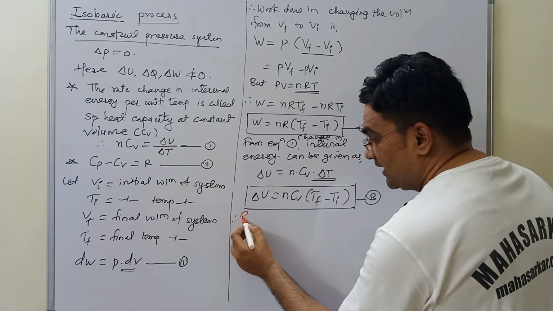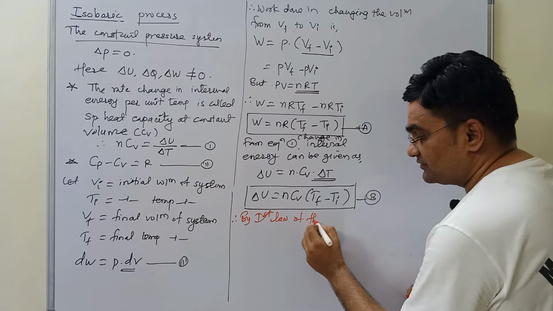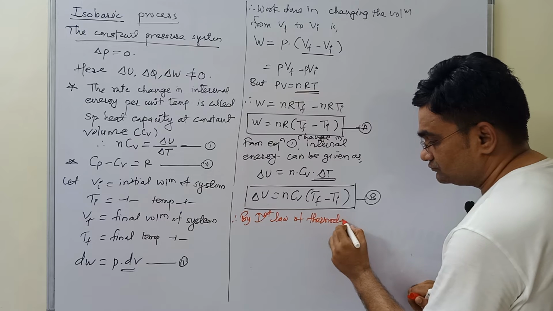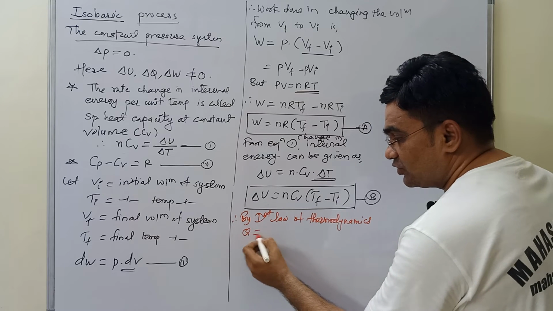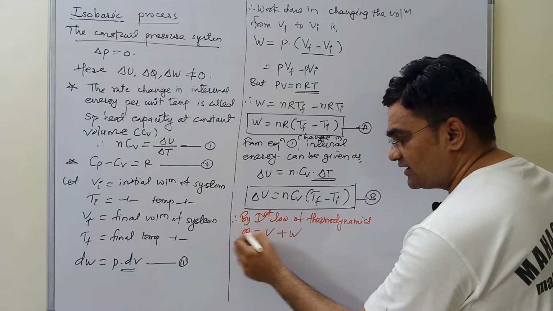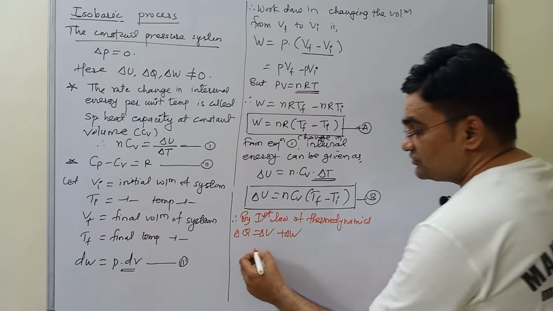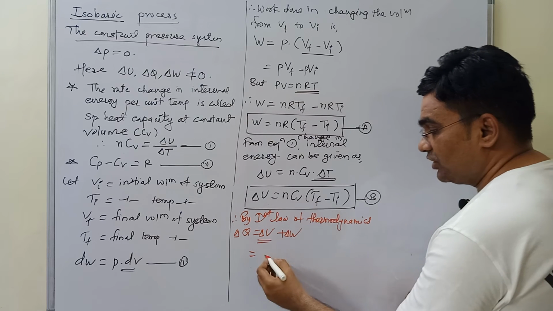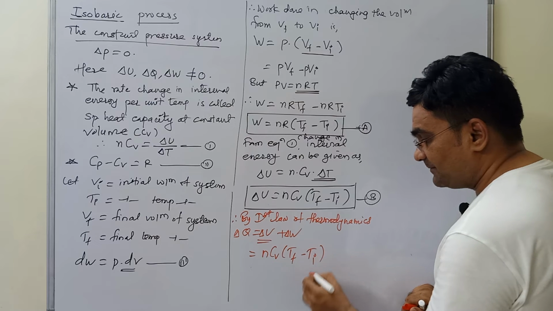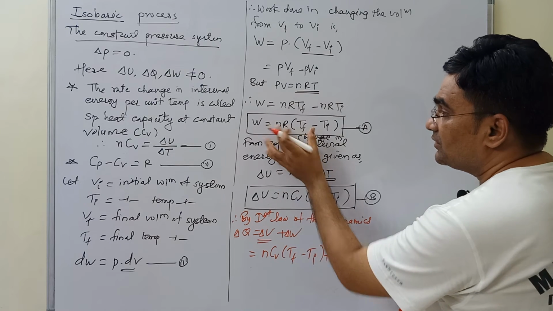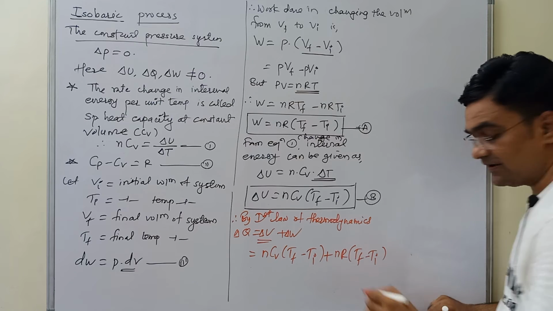So what is the first law of thermodynamics? By the first law of thermodynamics, Q equals U plus W, and I can add delta everywhere. Put in the value of delta U: it is nCv into Tf minus Ti plus nR into Tf minus Ti.